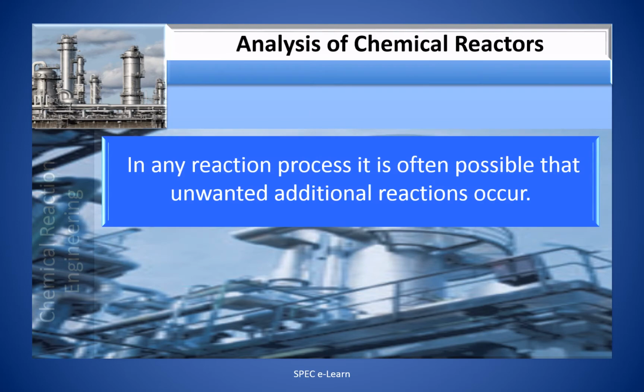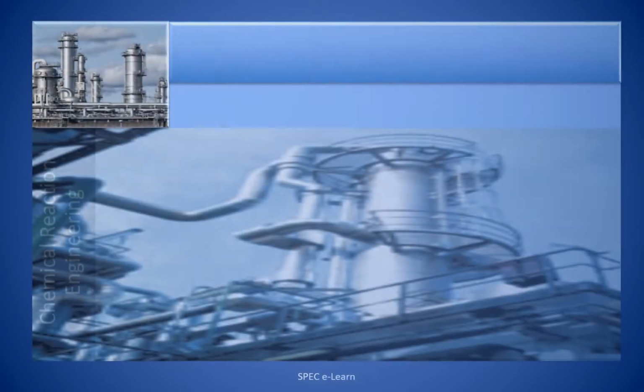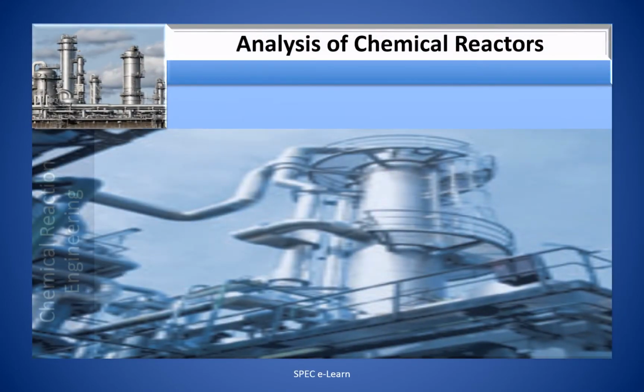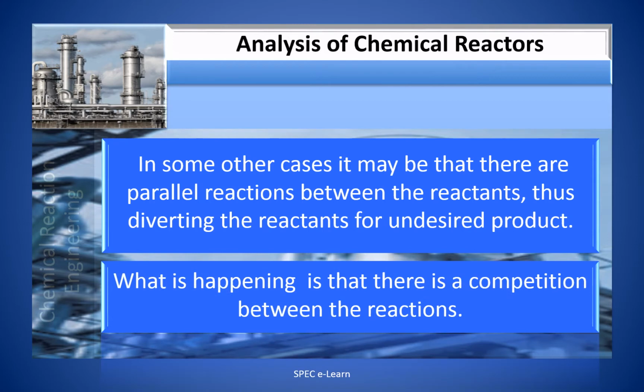In any reaction process, it is often possible that unwanted additional reactions occur. It may be that the desired product is consumed and converted to unwanted product by some series or consecutive reactions. In some other cases, there may be parallel reactions occurring between the reactants, thus diverting the reactants to undesired product.